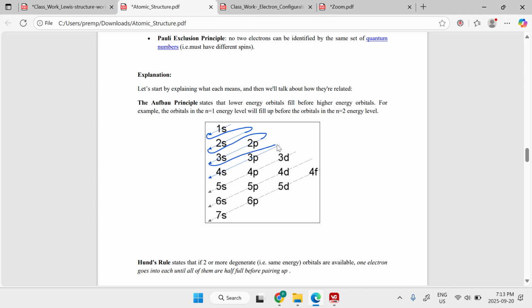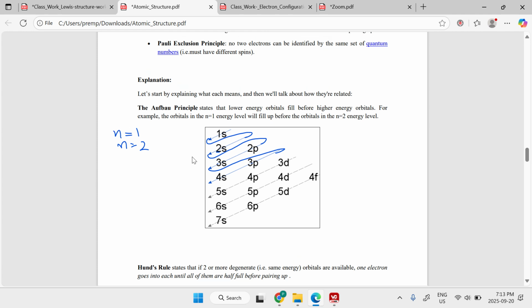When the number is 1, your n value is 1, and when this number is 2, n value is 2, and so on. So I cannot fill 2p before I fill 2s. That is what the above principle says: lower energy levels need to be filled before higher energy levels.